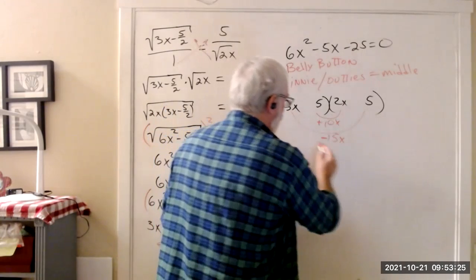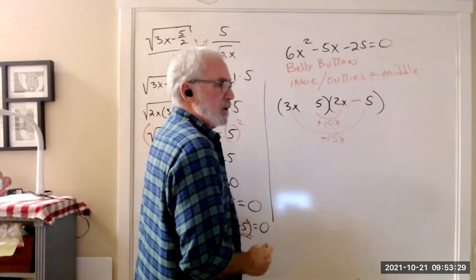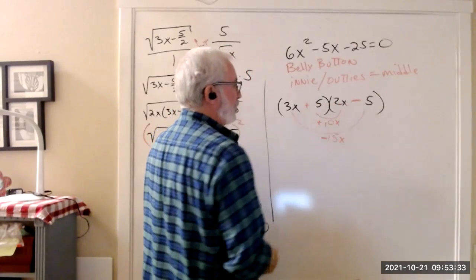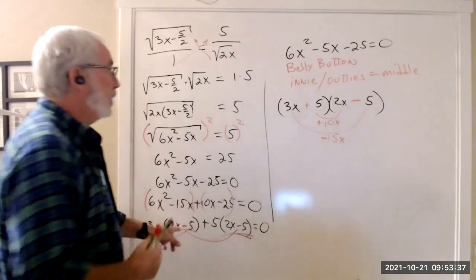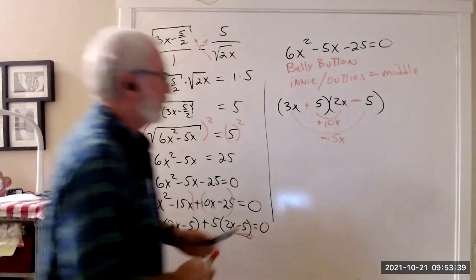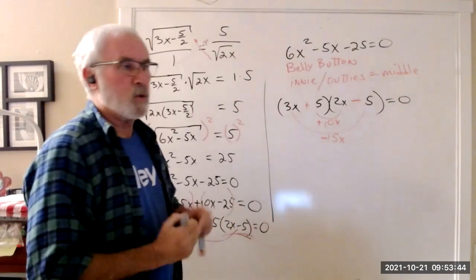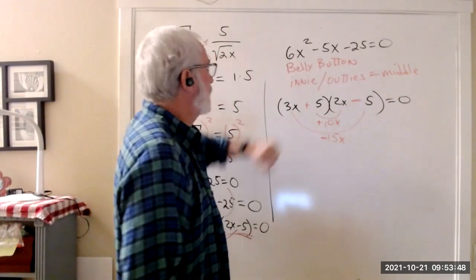The 15 comes from here, I slap a negative on it. The 10x comes from here, so I put a plus there. And that is the same answer that we got when we did this. It equals 0. But the vast majority of my factoring work was done in my head, and it was guessing. I just guessed.